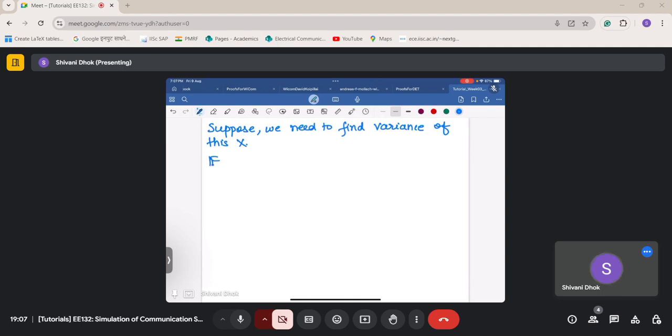So we have expectation of x minus expectation of x whole square, and we had seen that this comes out to be equal to the second moment minus the first moment square. So that is equal to expectation of x square minus (2 minus p) square. So this we know. So what remains is to find out what this particular thing is.